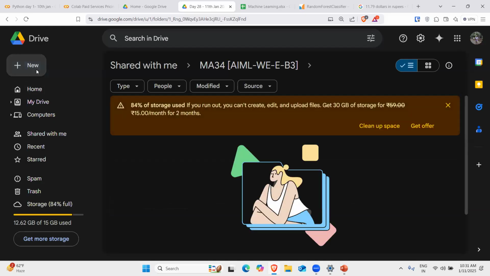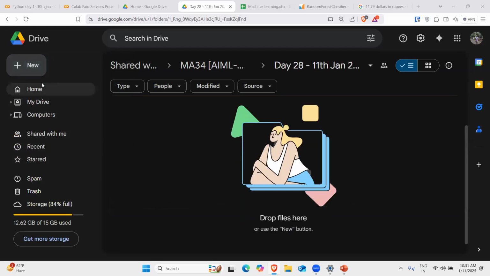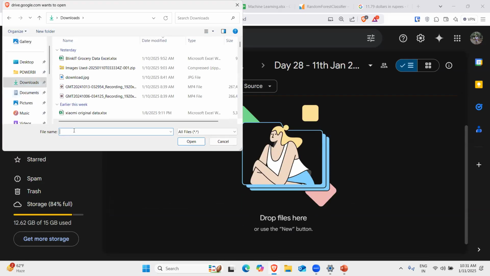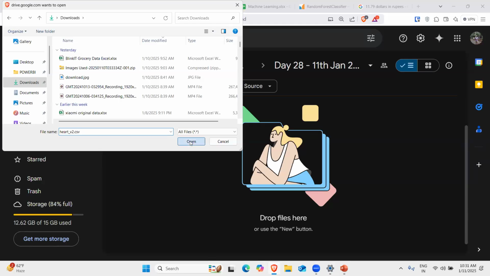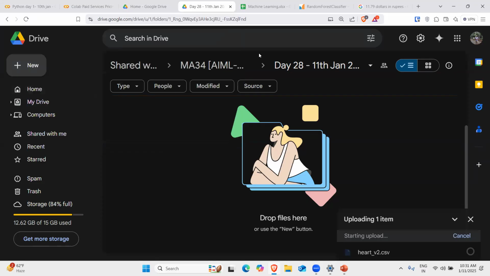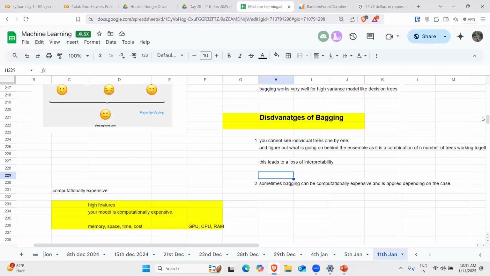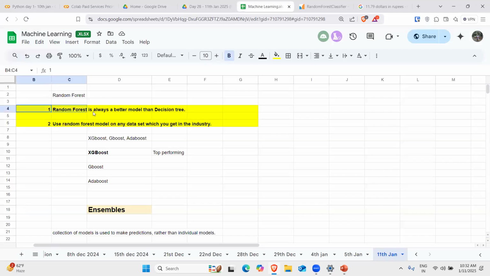I'll just give you one data set which you already have, even though I'll provide it over here. This one, heart disease prediction. And the very first point that we discussed in the last session itself is that random forest is always a better model than decision tree. You try to use random forest on any data set out there, 95% of the time you will be getting higher accuracy, right?